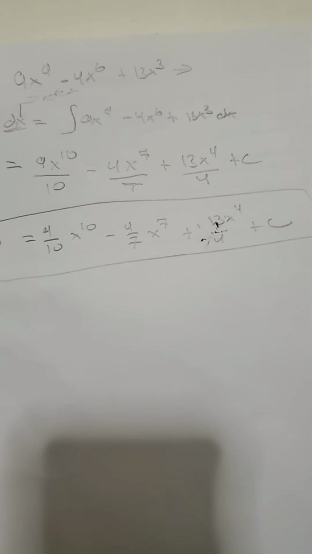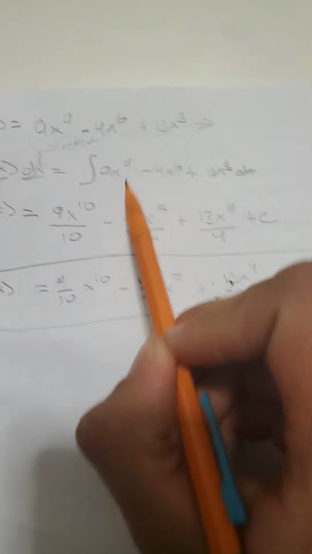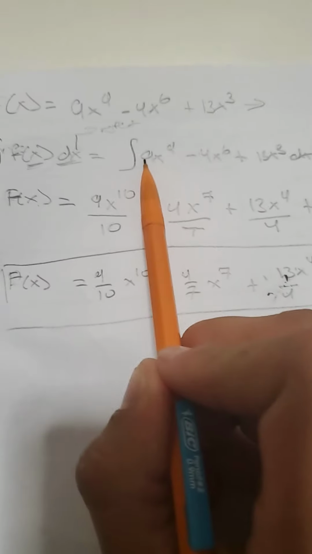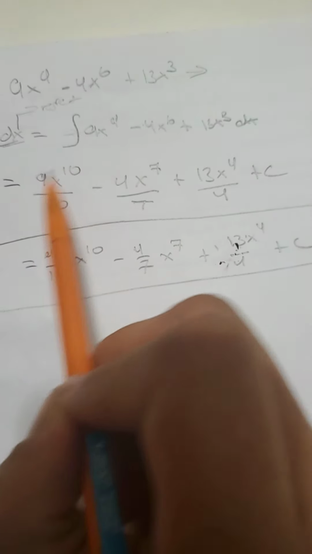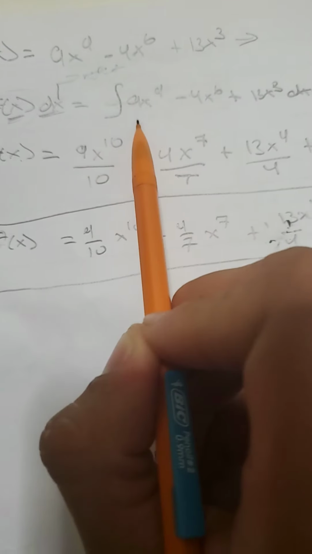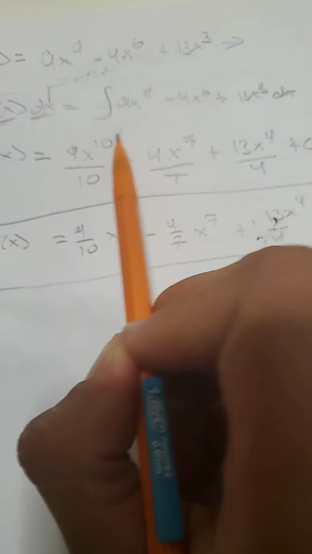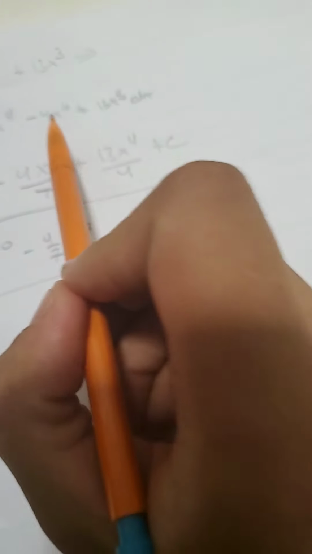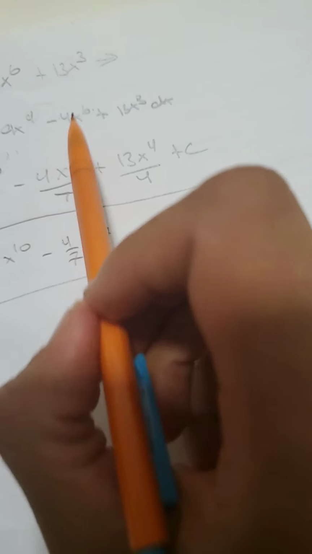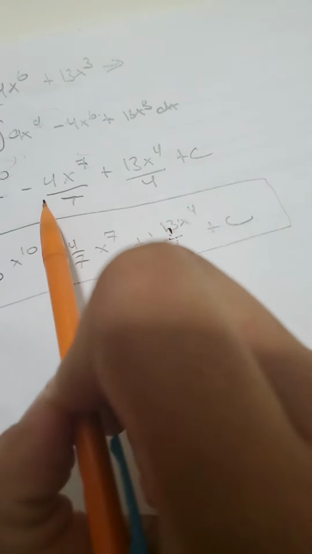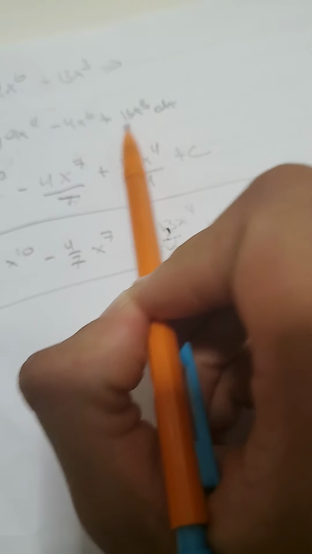So like derivatives, we can integrate each term individually. We are allowed to pull this constant outside, and so we have 9x. We add 1 to the power, which gives us 10, and we divide by that result, 10. 4x to the 6th, minus 4x, so the 4 goes outside, 4x to the 7th, we divide by 7. 13, the constant stays the same here.